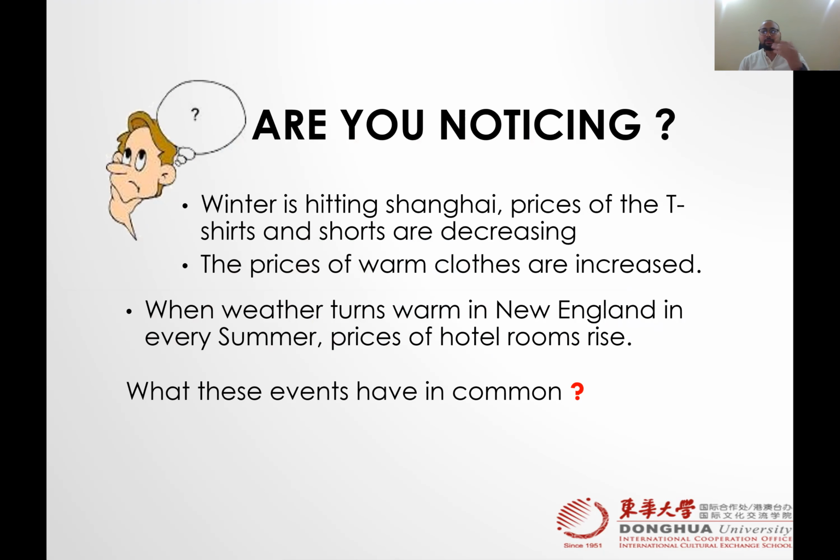So let's revert to our first example. When winter is hitting Shanghai, prices of t-shirts and shorts are decreasing. Why is that? Because the weather is turning cold, and now people don't need to wear t-shirts and shorts. So what's common in that? People are not buying them.